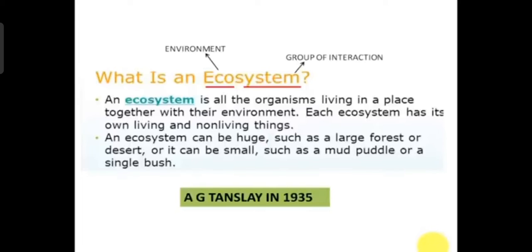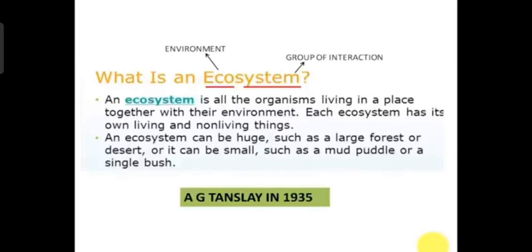The definition of an ecosystem is: an ecosystem is all the organisms living in a place together with their environment. Each ecosystem has its own living and non-living things, right?